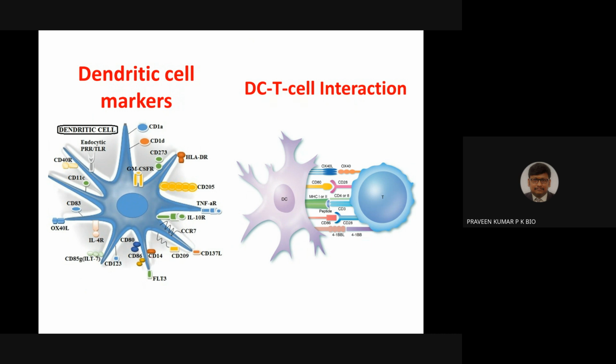In my PhD research, I worked on all 162 surface receptors of dendritic cells. Along with the PG students, we have come up with a kind of tool for treatment of autoimmune as well as cancer diseases.